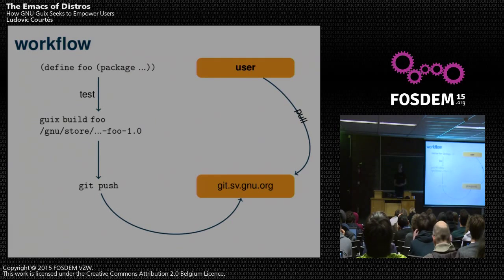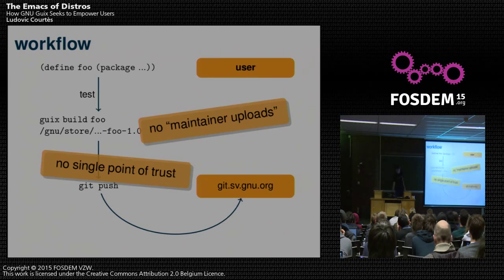Well, you end up building a lot of software locally, which is not always convenient. But you can also run your own separate build farm, and then you can check if you actually get the same results compared to the official build farm. So there's no maintainer uploads, no single point of trust, which is pretty nice.